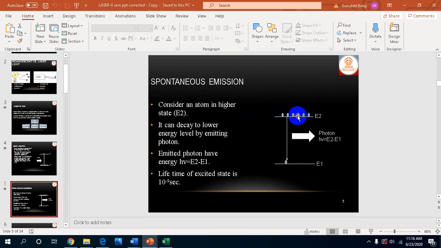That process, the transition of an atom from E2 to E1 state by emitting energy in the form of a photon, is called spontaneous emission. The lifetime of an atom in the excited state is of the order of 10 power minus 9 seconds. You can imagine how quick and short the lifetime of an atom is.